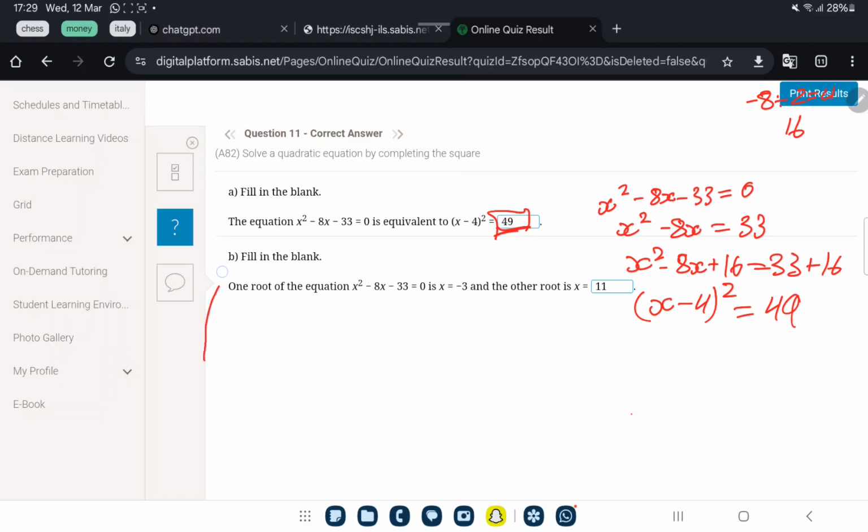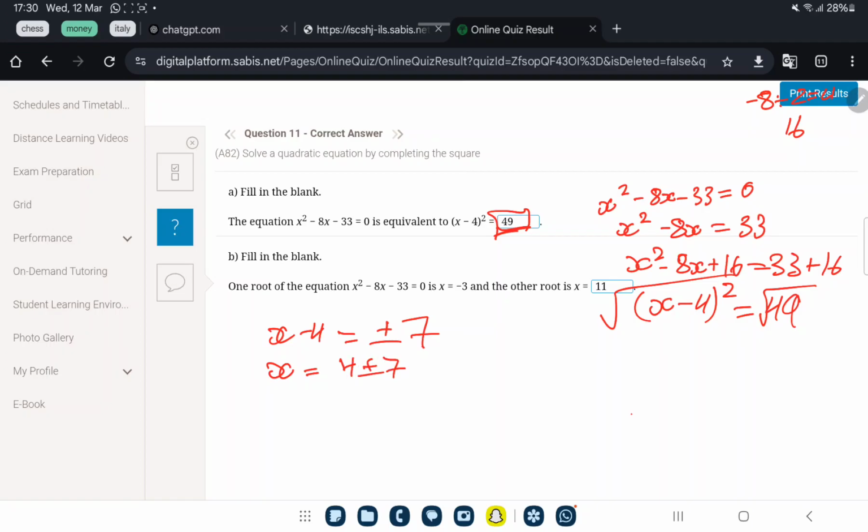And then one root of the equation is minus 3, and the other root they want us to find, so we keep solving here. So x minus 4, square root both sides, you get x minus 4 equals plus minus 7. So x equals 4 plus minus 7.